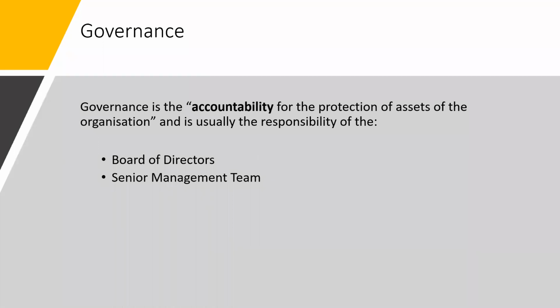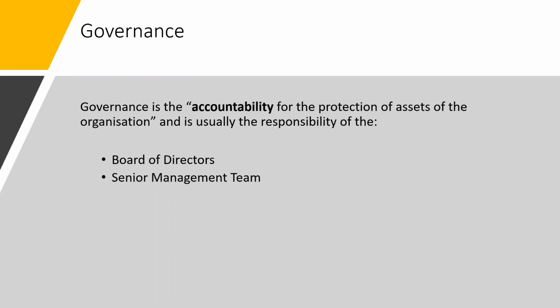Again, governance is about the accountability for the protection of assets of an organization. The board of directors, which may also consist of some members of the senior management team, SMT, are accountable for the protection of assets of the organization, including information assets.